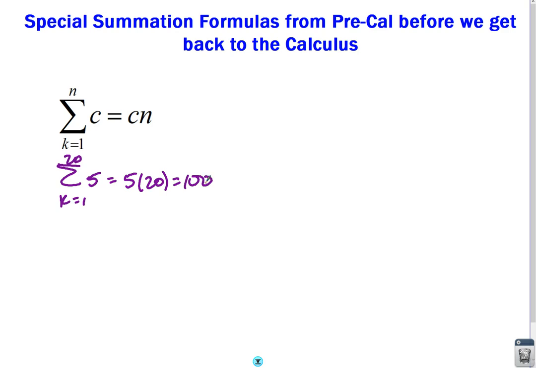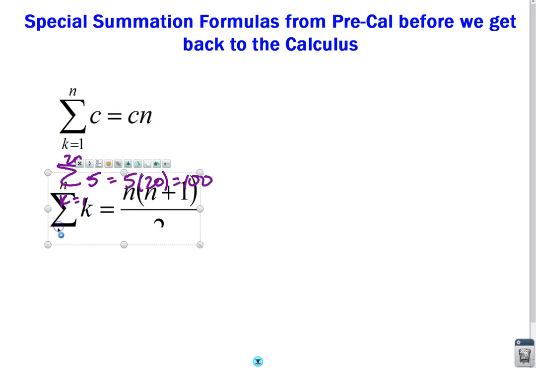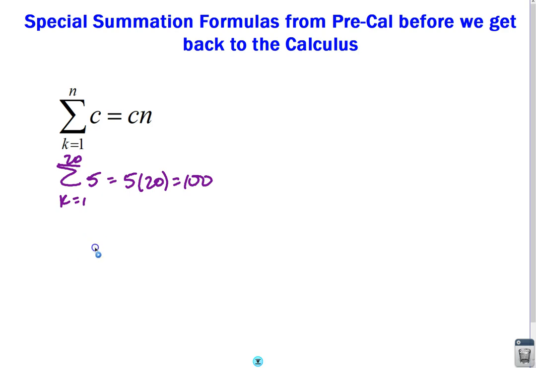What if I had, instead of k equals 1 of c, the summation of k itself? In this situation, if you're going from 1 to n of just k, your total sum is going to be n, which is your number of terms, times n plus 1 all over 2.